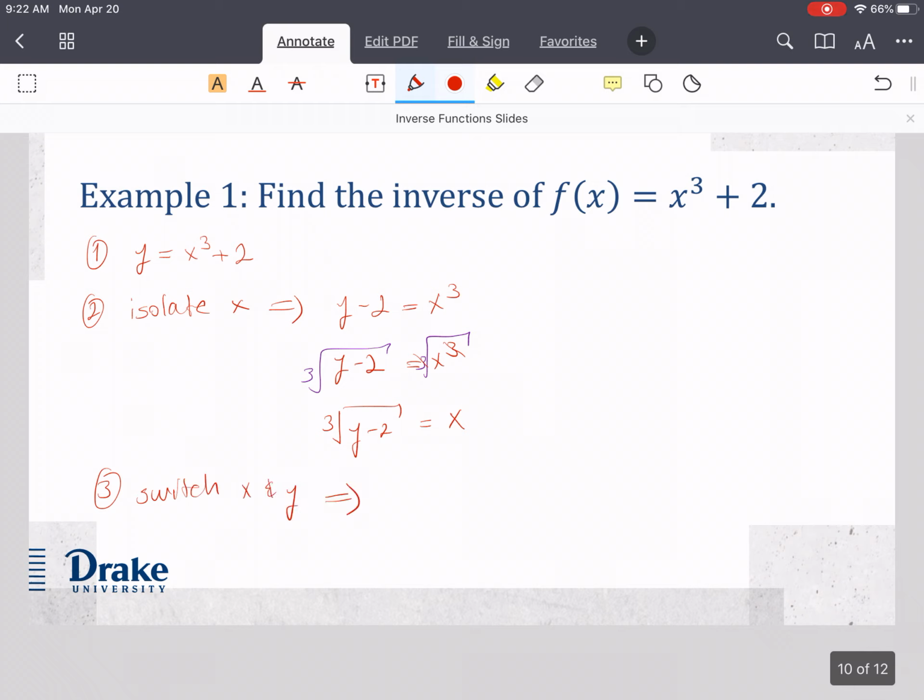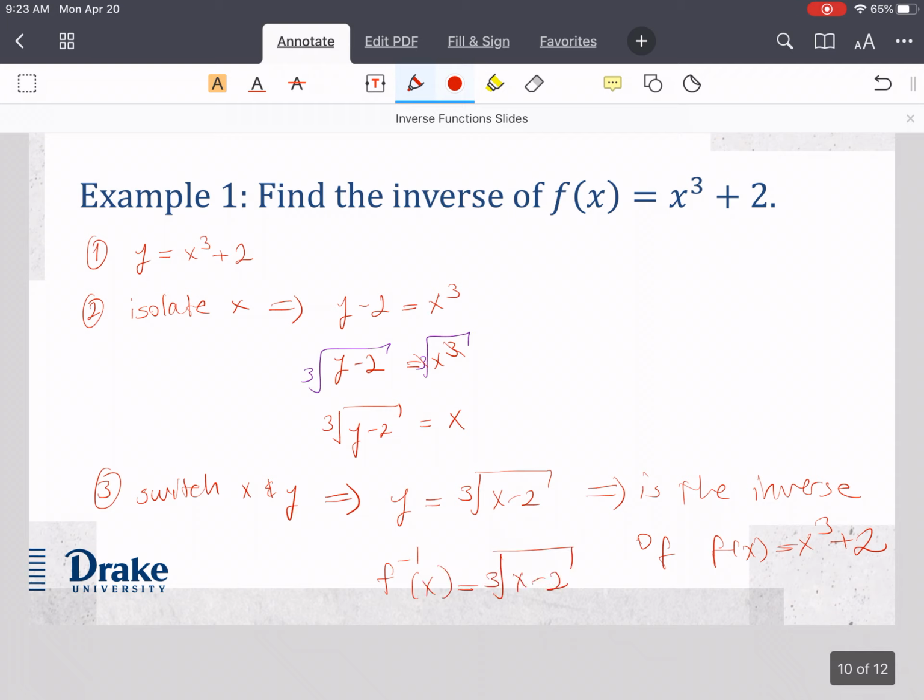So then you say y equals the cube root of x minus 2 is the inverse of f of x equals x cubed plus 2. Or you can write this as f inverse of x equals the cube root of x minus 2. So that's how we find an inverse function.